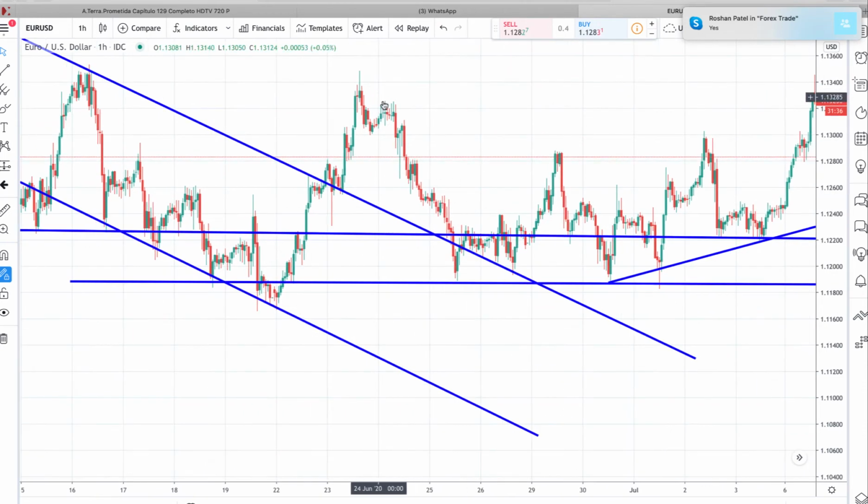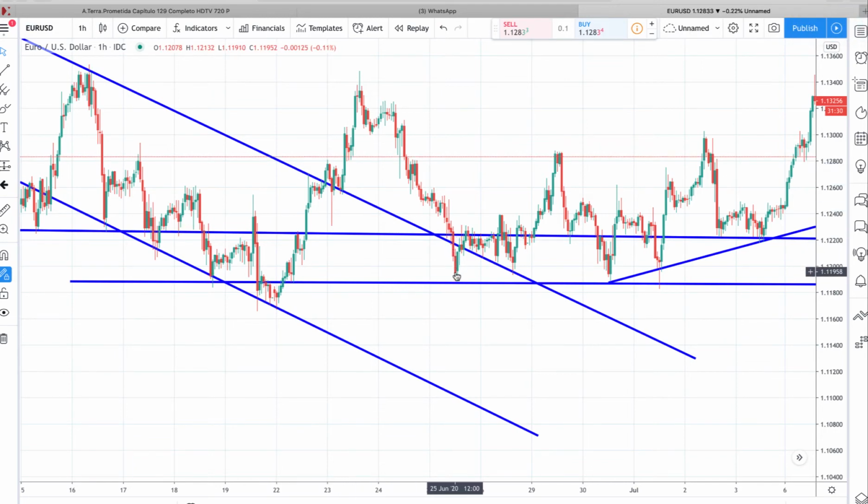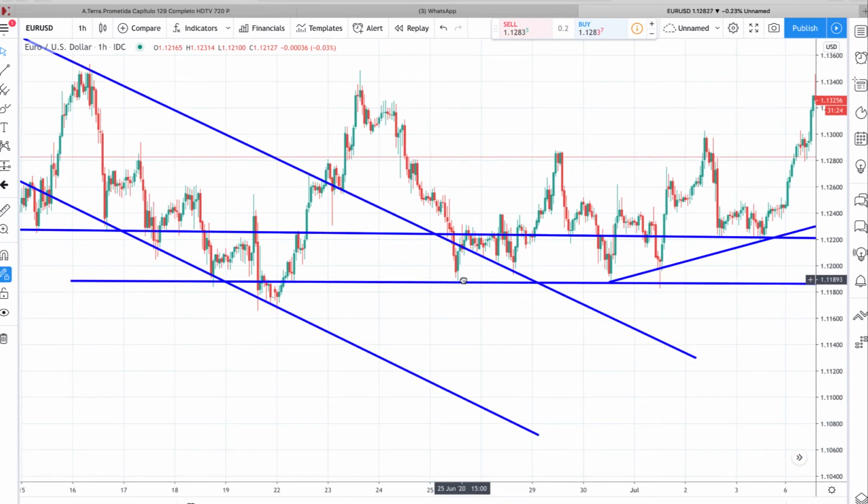So if you see the market come back towards this side here, and then we have the break. The first leg here, it's a break. We have the break, and then the market came back all the way down towards the previous low, which is this level here. So we have a sort of positive break.